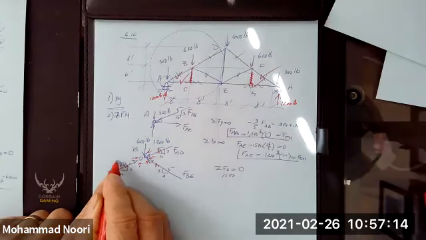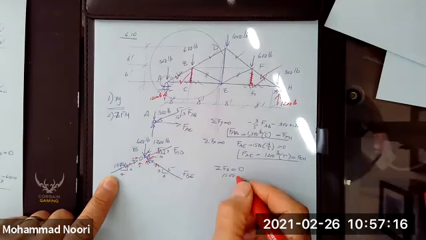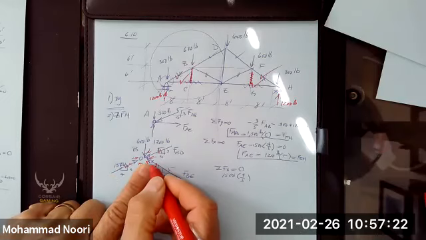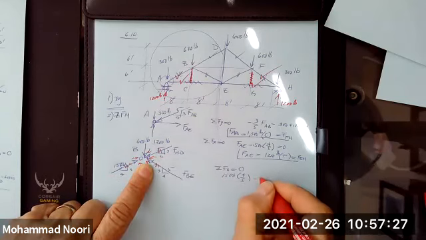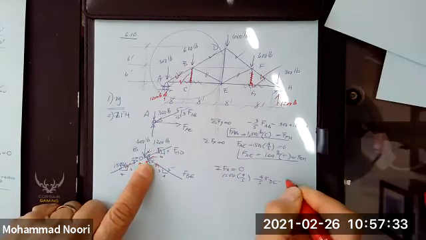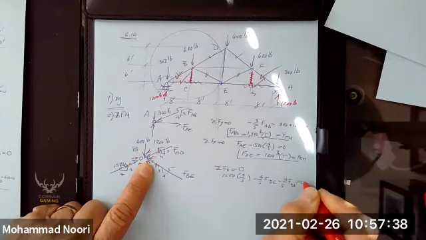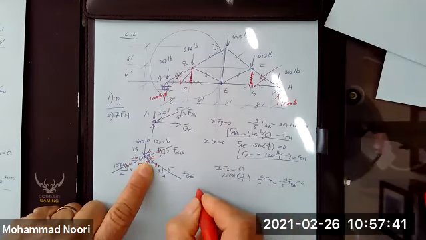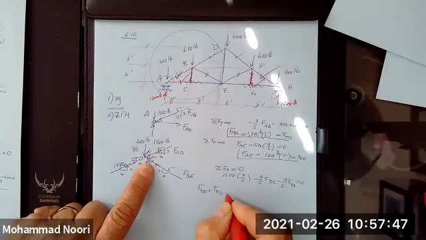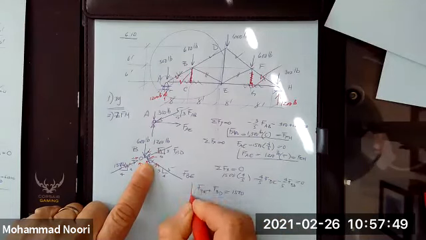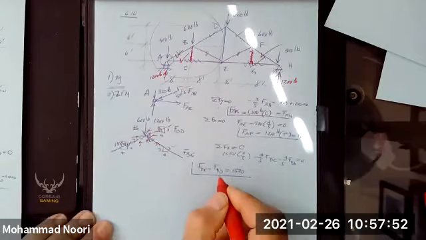So the X component would be 1,500 times 4/5, positive for this one, and this one would be negative. So you have negative 4/5 FBE and negative 4/5 FBD is equal to 0. You can simplify this where you have F of BE plus F of BD is equal to 1,500. That's what results from the summation of forces along X.